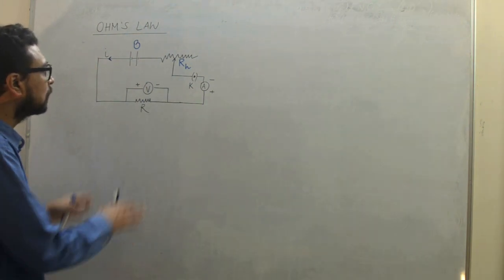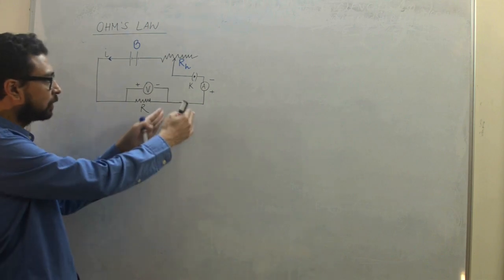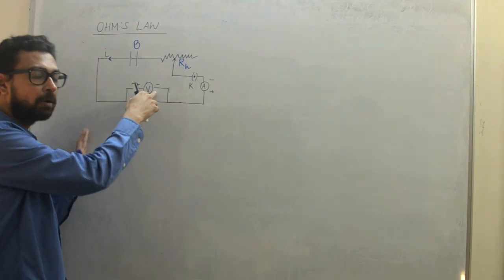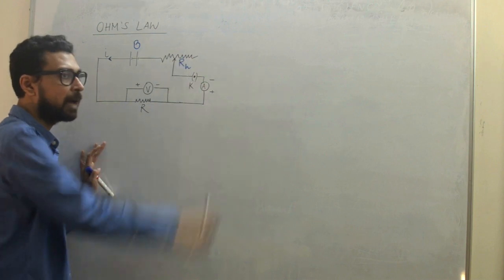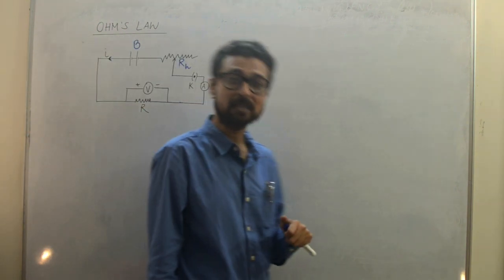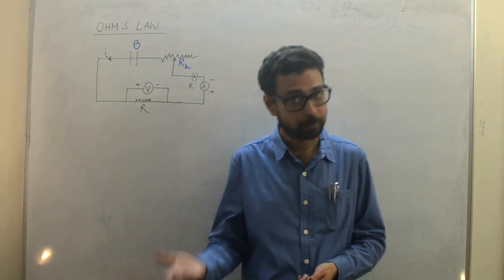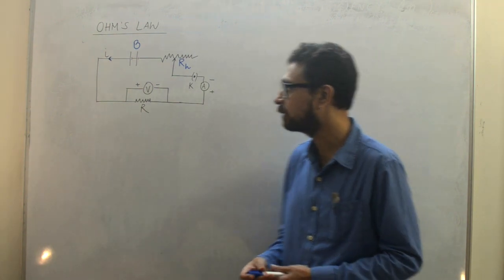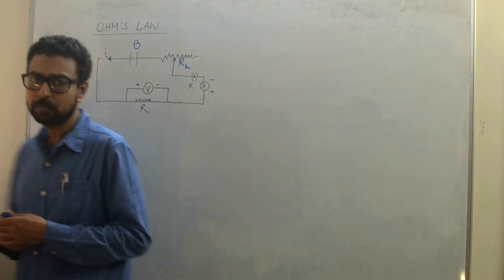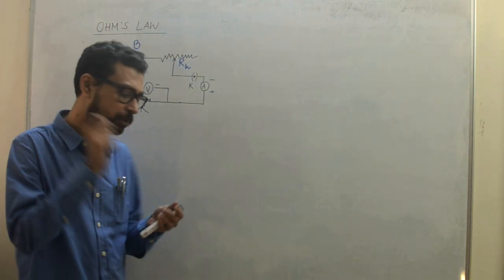So we plot different potentials and different currents. One is recorded in the voltmeter, one is recorded in the ammeter, with a varying resistance using a rheostat or a resistance box, whatever is available. Then we plot all these values and draw the graph.